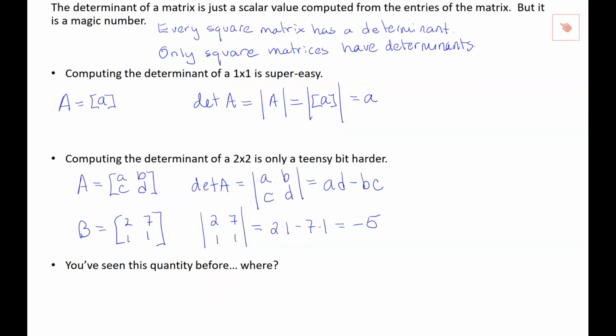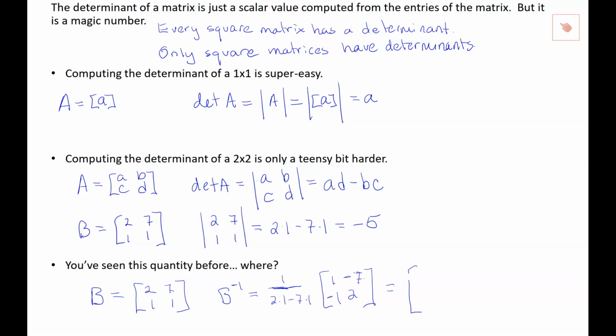Now, we've seen this quantity before when we were computing the inverse of a 2 by 2 matrix. So let's just do that for this matrix B. B is 2, 7, 1, 1. What is B inverse? Well, if you recall, we computed B inverse by taking 1 divided by that exact 2 times 1 minus 7 times 1, and then multiplying that scalar quantity by a kind of scrambled up matrix.